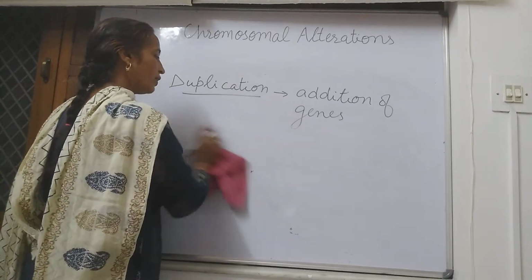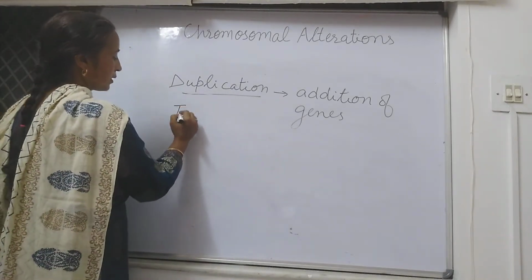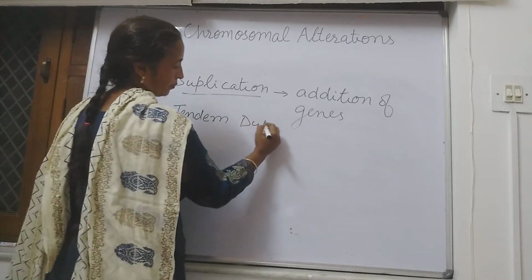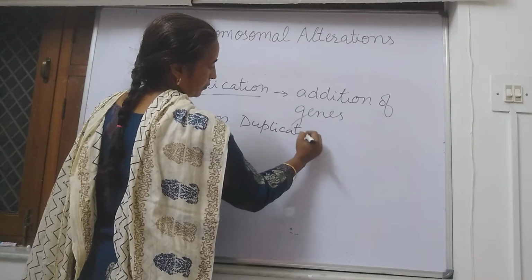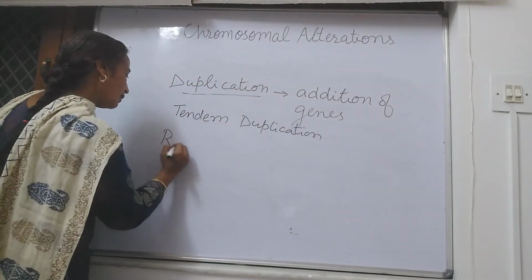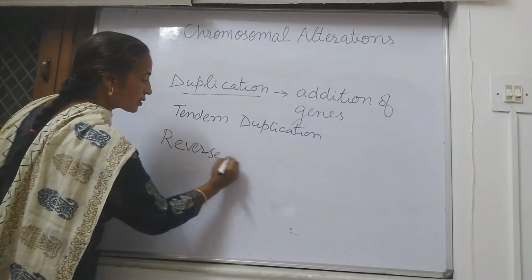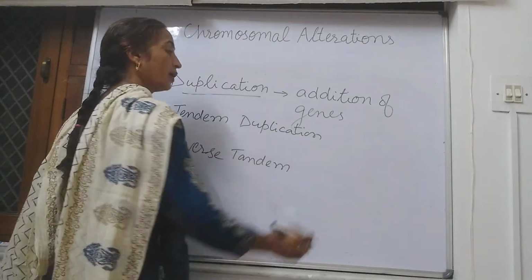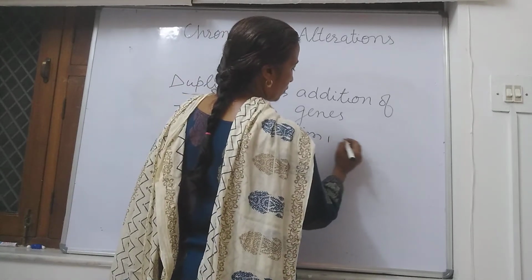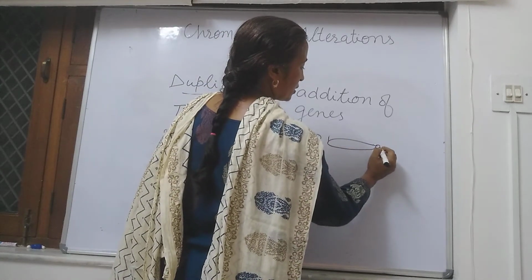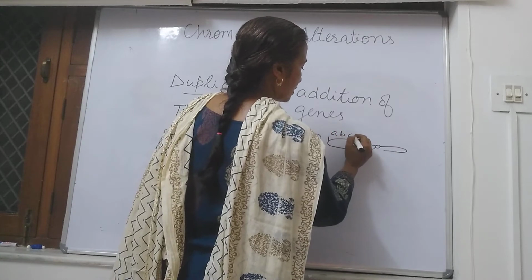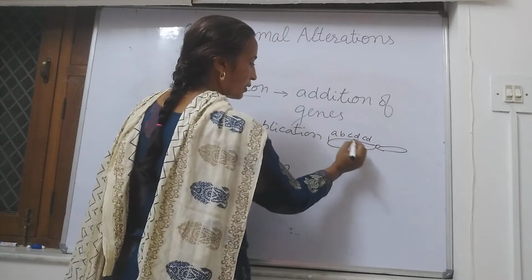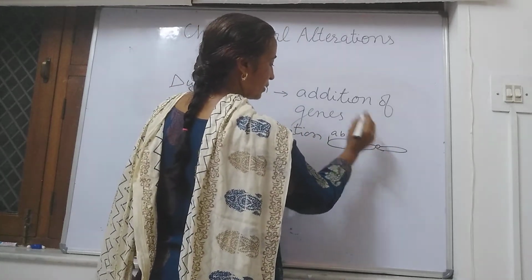Duplication is of different types. One is tandem duplication. The other is reverse tandem duplication. In tandem duplication, suppose the genes are A, B, C, D, C, D. That is, CD is repeating itself.